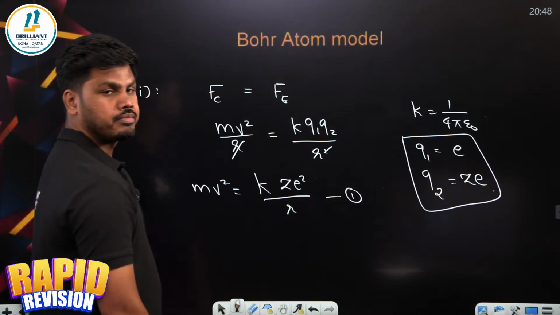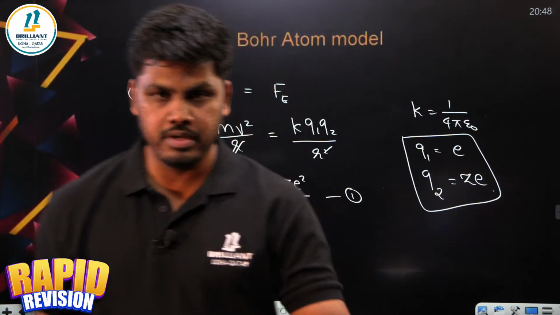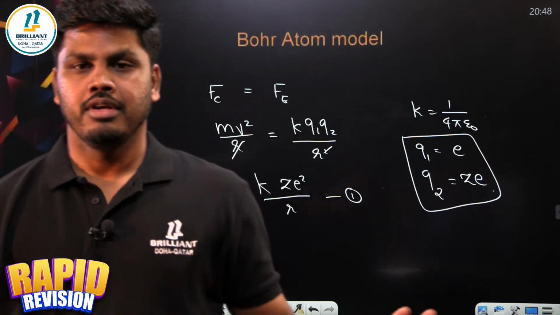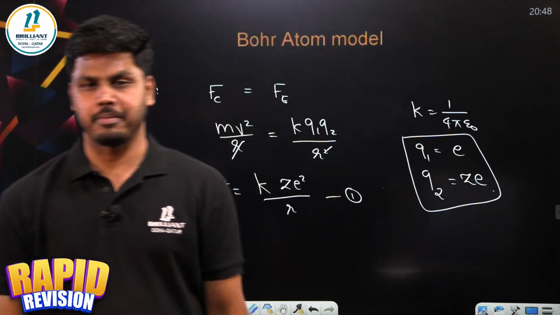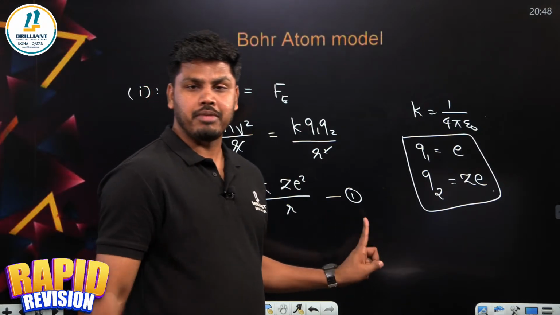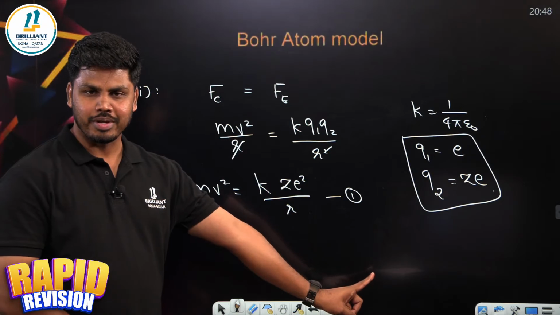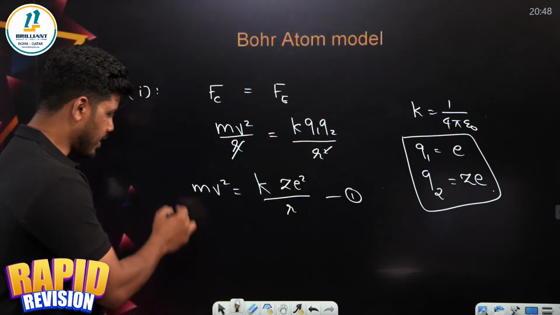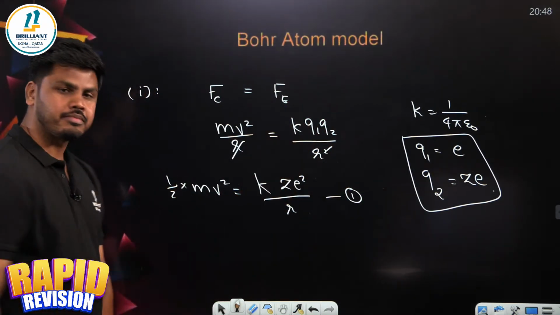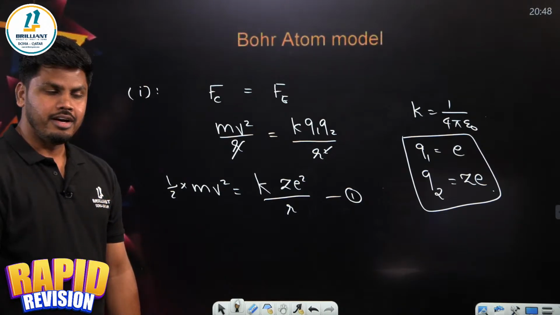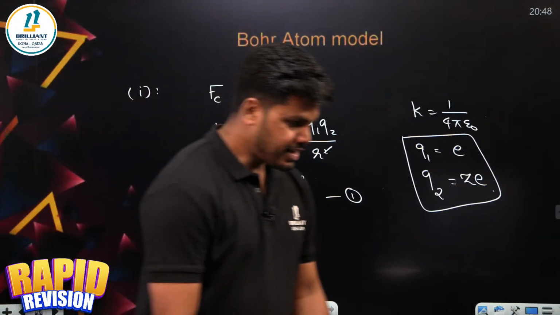Equation number 1. If you know this equation, believe me, the first 3 mark question is done. You know how to derive it. Just remember the mathematical form of this first postulate: mv square is equal to kZe square by r. What happens if I multiply by a half here? Half mv square is what? Kinetic energy.